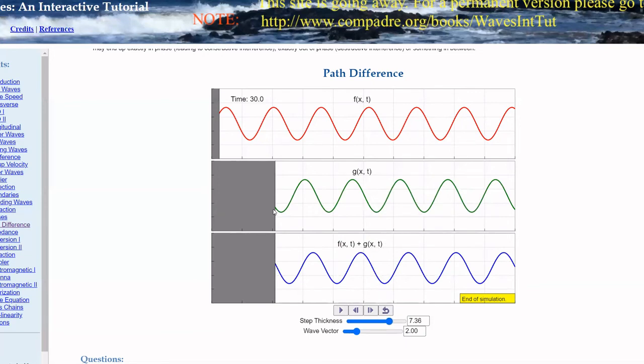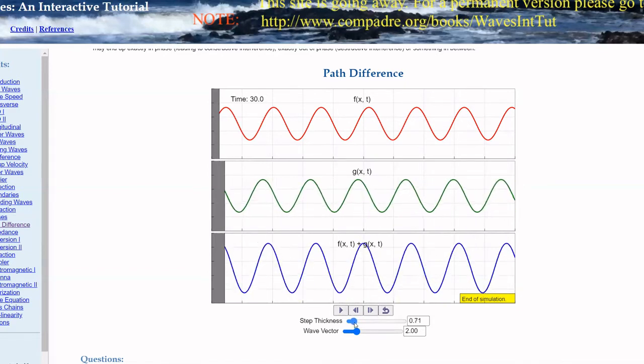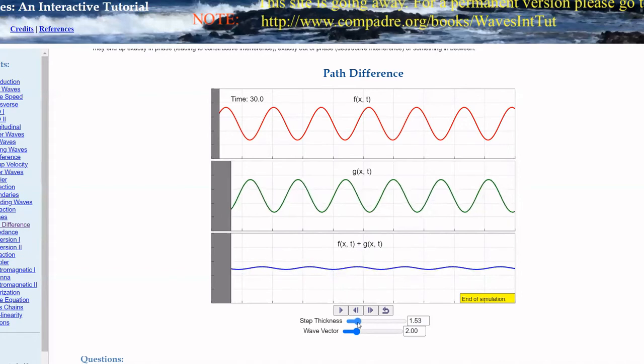So I've actually changed two things. There's a different path length for the two waves, and there's also a difference in phase constants. But either way, you see what's happened to the superposition of the two. The amplitude has changed. Whereas before the total amplitude was twice the amplitude of either wave individually, now not so much. In fact, if I introduce just the right phase difference between them, I get an amplitude of 0.